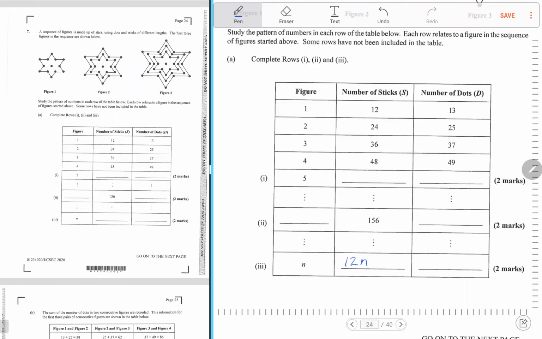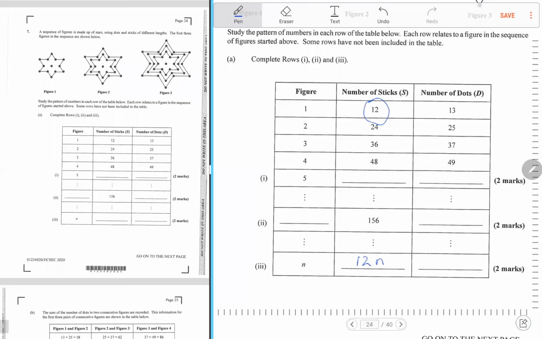To find out which, I look at the first figure where n equals 1. If n equals 1, it's already equal to 12, so you don't need to add anything. So the formula for this column is 12n.